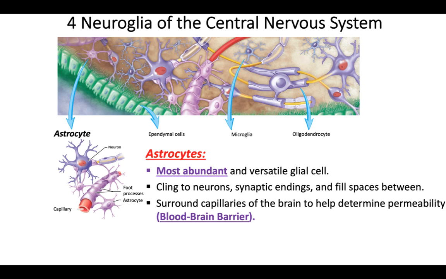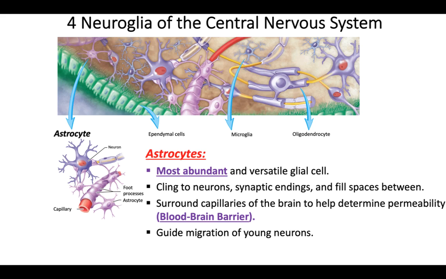We want to have a barrier against that. The downside to this barrier is if we are developing a medication that could be very useful to something dealing with your brain, maybe it's schizophrenia, maybe it's Alzheimer's disease, we need to figure out a way to get it to cross that barrier and get into the brain. So the blood-brain barrier is good, and it's got some downsides to it.